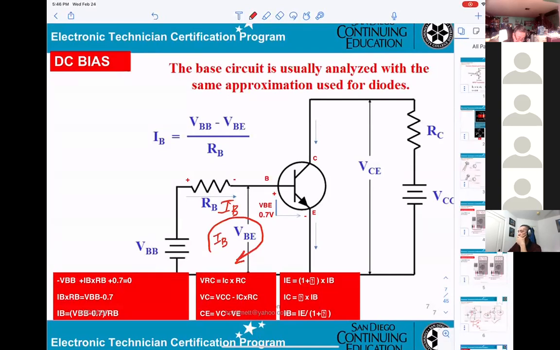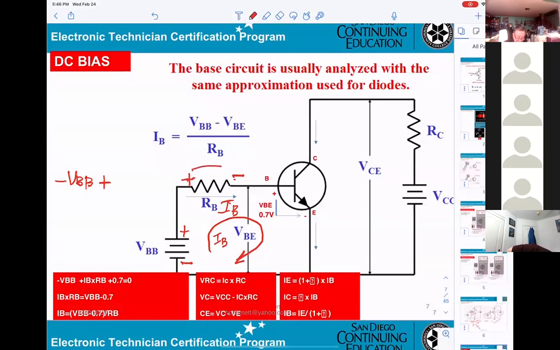Now if the current goes, the first thing it goes to is the negative, this is the positive. So when it goes to the negative, you write minus VBB. When it goes through the RB, it's positive here and negative here, so it hits the positive and you add.